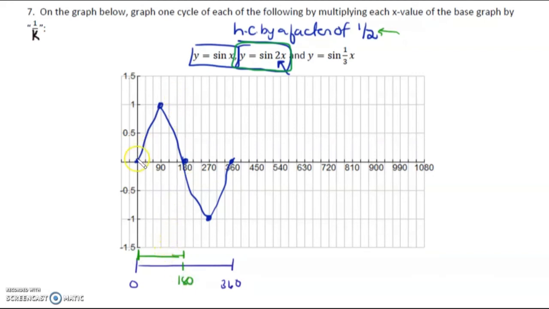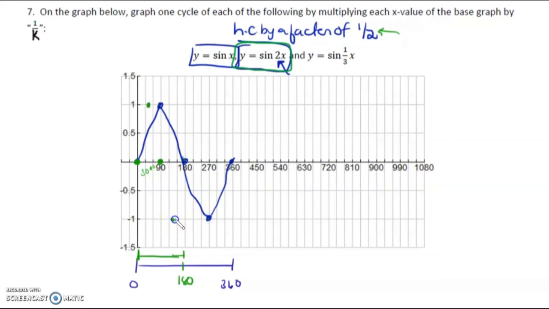So the first point 0, 0 is just going to stay. 90 is going to go in half to 45. And just note this is 30, 60, every box is going up by 30s. 180 is going to half to 90. 270 is going to half to 135.